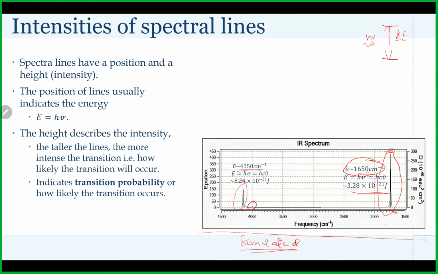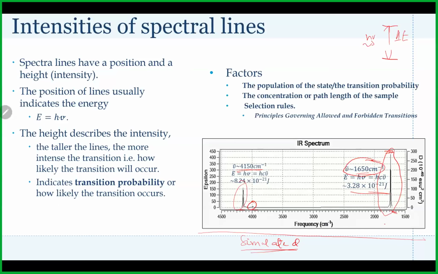So taller lines are more intense and more likely to occur, and they tell us how strongly, or how likely, the transition will occur. So what are the things that affect the population of the states? They affect the intensities of spectral lines.